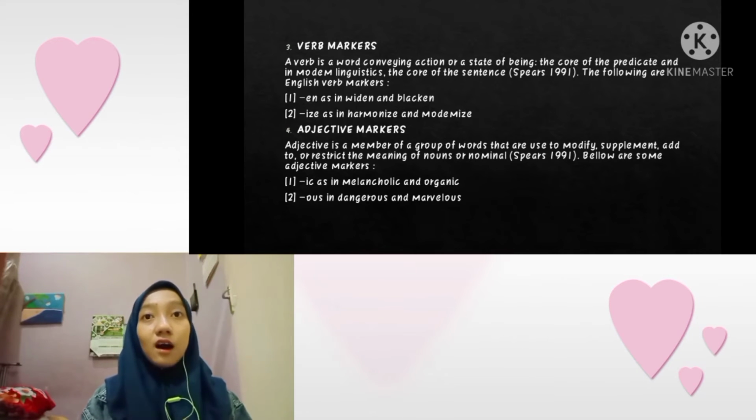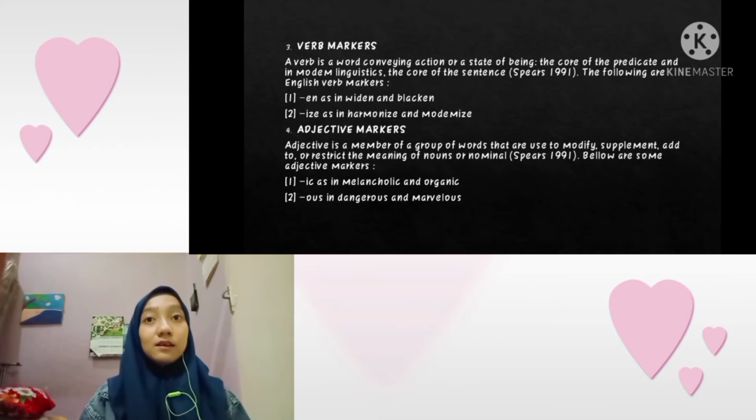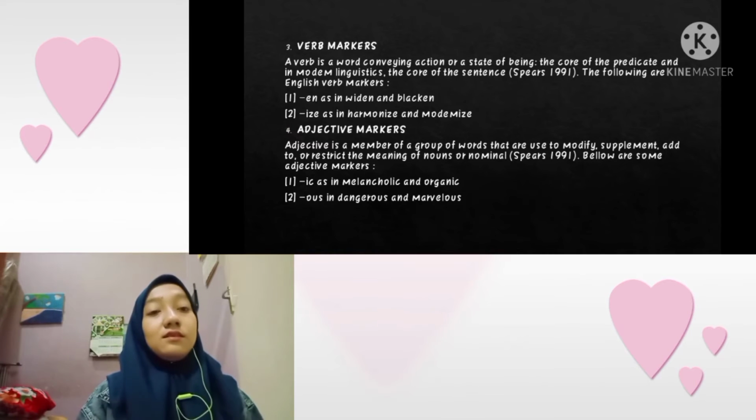The following are English verb markers. 1. -en, as in widen and blacken. 2. -ize, as in harmonize and modernize.